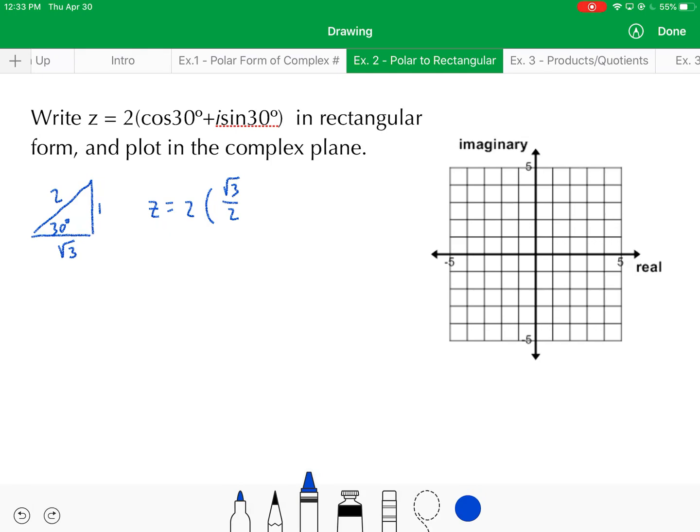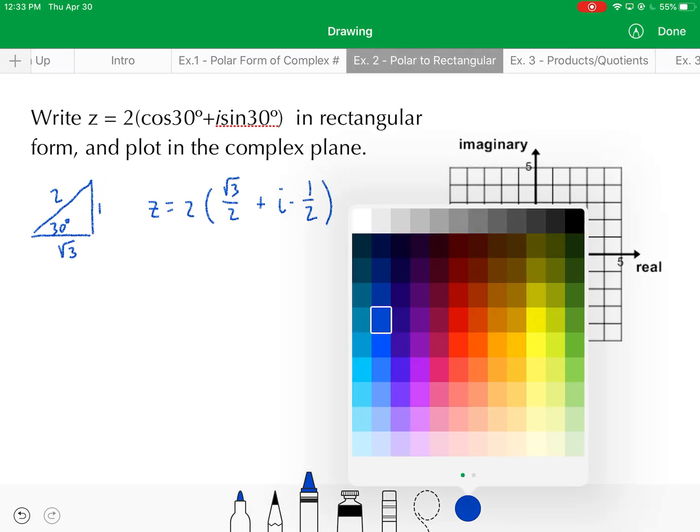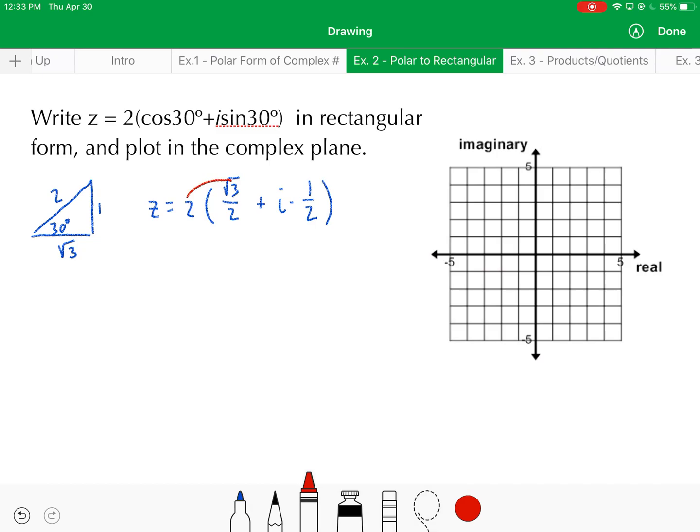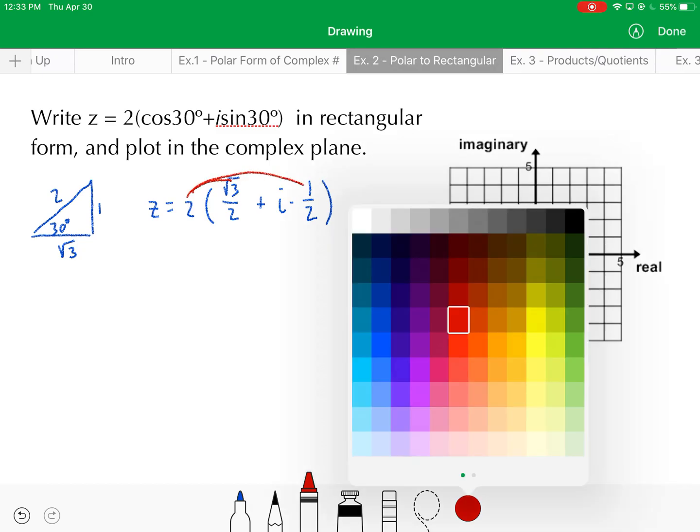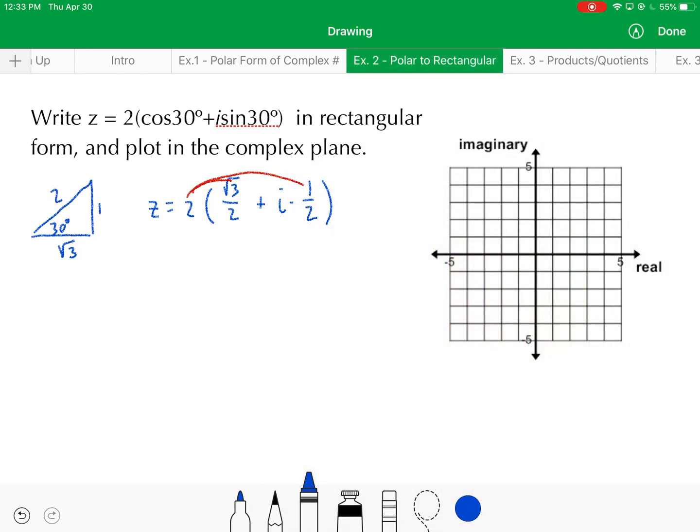I guess I shouldn't put a parenthesis there yet. Plus i multiplied by the sine of 30, which is 1/2. Okay, then we can distribute here that modulus of 2. So 2 multiplied by radical 3 over 2 is going to give you, of course, radical 3. And then 2 times i times 1/2 is just going to lead you to i.